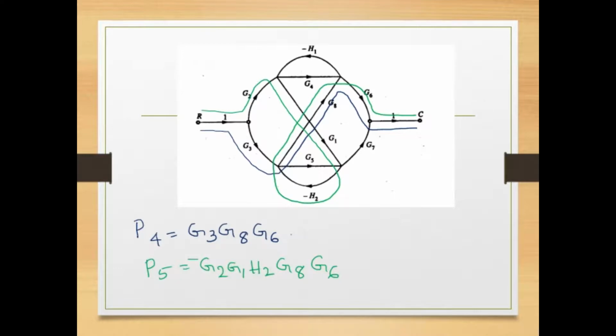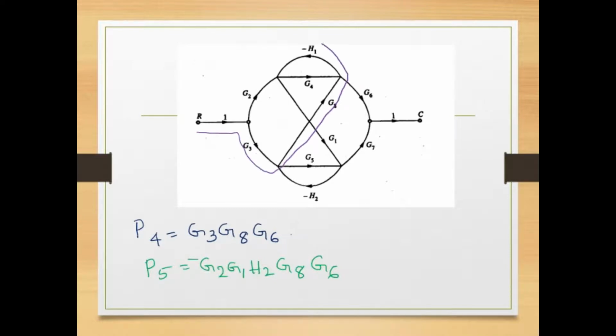The last one, we have one more forward path. It starts from the input, G3, G8, minus H1, G1, G7 to the output. So the last forward path gain is G3 G8 into minus H1 into G1 G7.